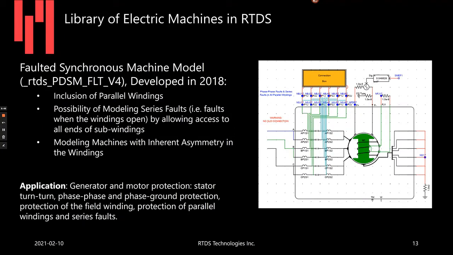In 2018, based on customers' requests, we enhanced the model further. Now you could include parallel windings. You have the possibility of modeling series faults, where the fault basically causes opening of the junction, and modeling of machines with inherent asymmetry, where the original angle and the number of turns in the winding deviate from the balanced design.